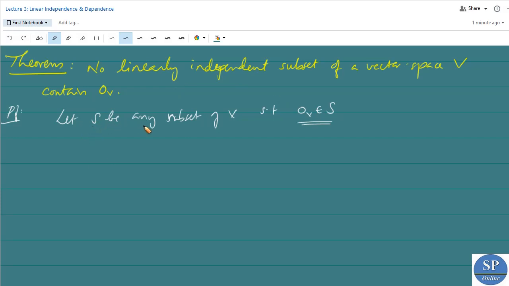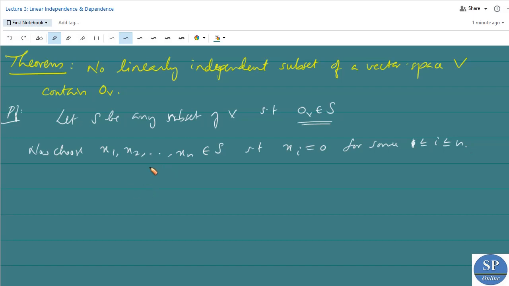So suppose that S is any subset of V such that 0 belongs to S. Now choose vectors x1, x2, etc., xn belonging to S such that xi = 0 for some i with 1 ≤ i ≤ n.